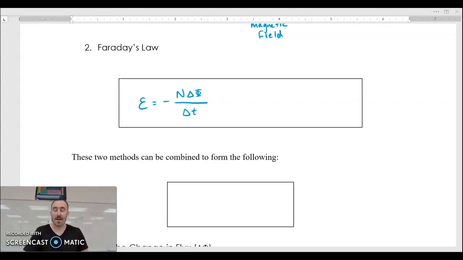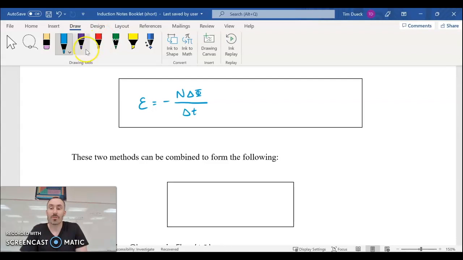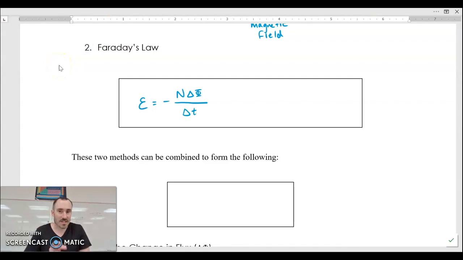So here's our formula for Faraday's law. We get an EMF, and that depends on three things. One of the things has multiple pieces to it. This N over here is the number of loops of wire that you're working with. Because as the flux changes through every loop of wire, you get an EMF in every loop.